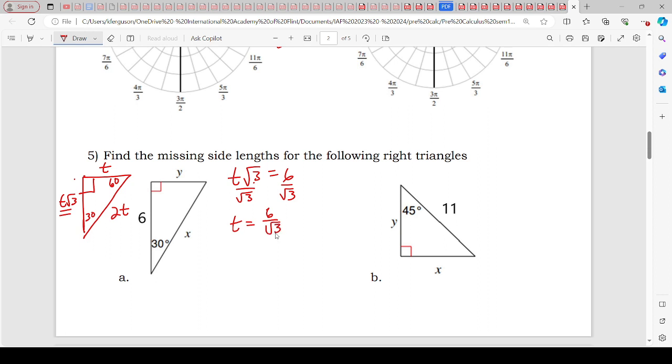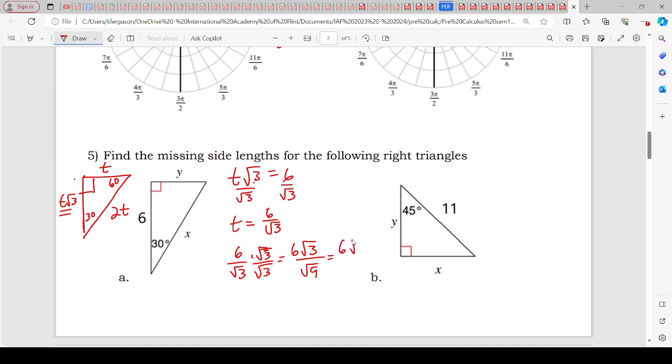But you can't have the square root in the denominator. I need to rationalize. So I'm going to multiply top and bottom by the square root of 3, and that gives me 6 square root of 3 over 3. To show you the steps more, that's 6 square root of 3 over the square root of 9, which is 3.